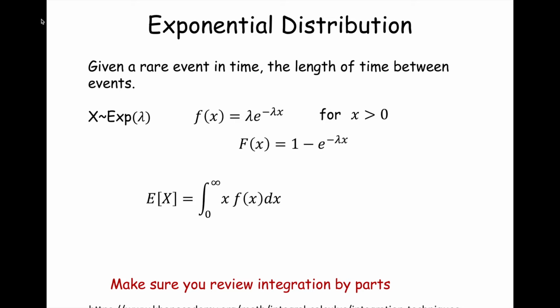I'll do that up here. We have x times minus 1 over lambda, so that's like saying minus x over lambda, e to the minus lambda x. And then here we have plus a minus, let's see, did I do that right? Du minus lambda.